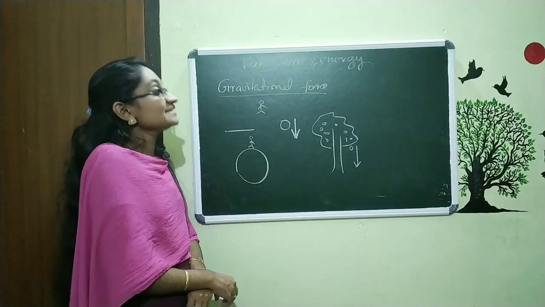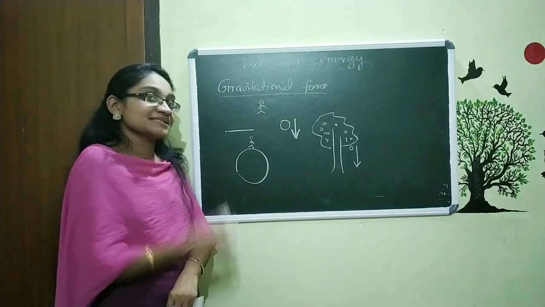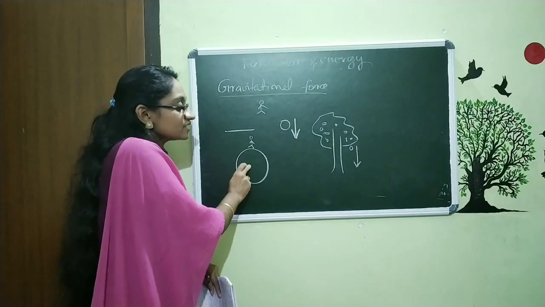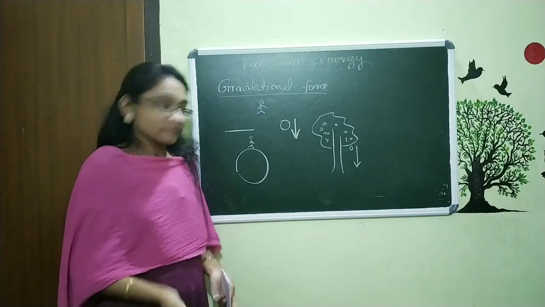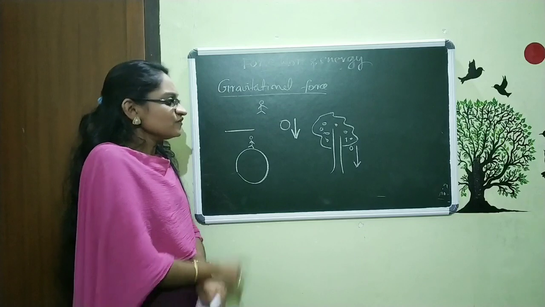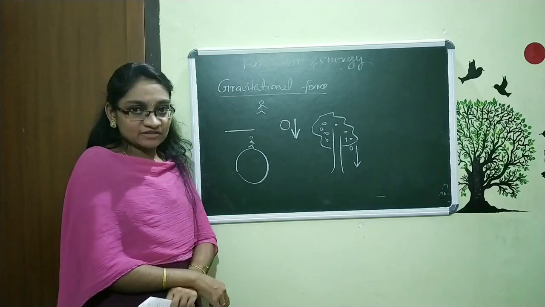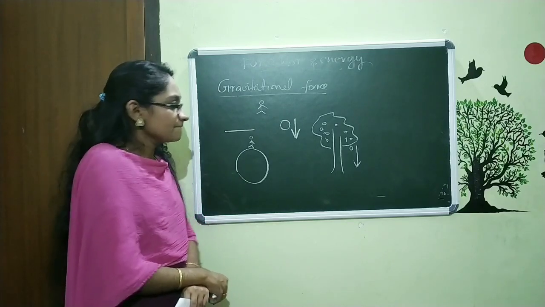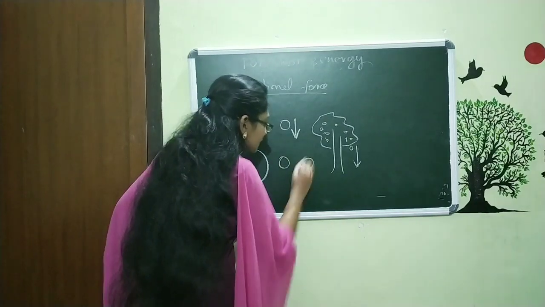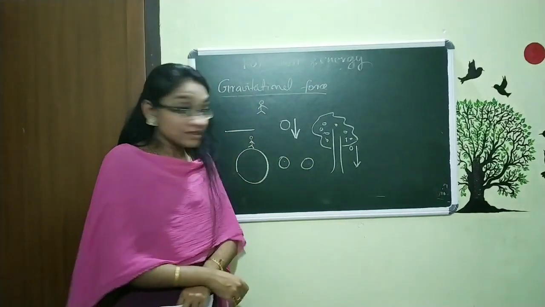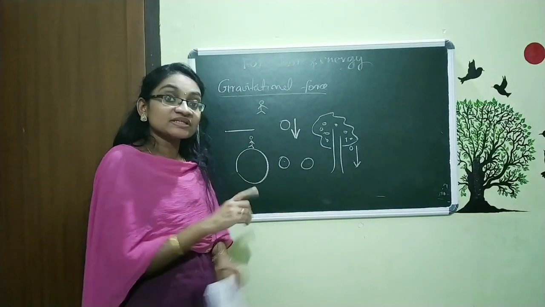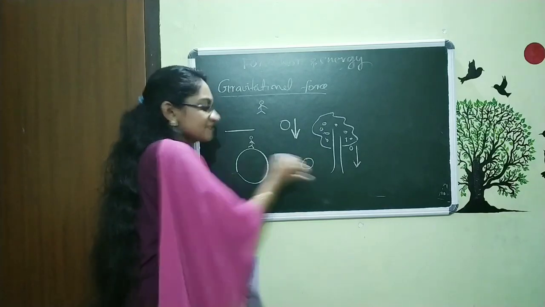So we can say this gravitational force is the attraction. Here it is done by our earth. Don't think that only the earth has gravitational force. For example, two balls are here. These two balls have their own attraction for each other.